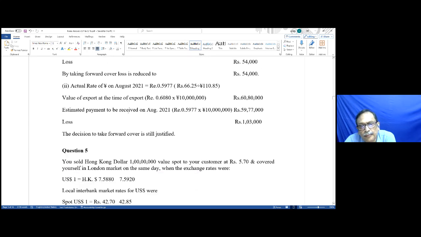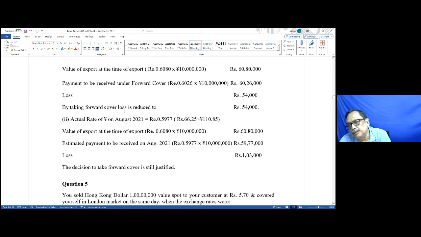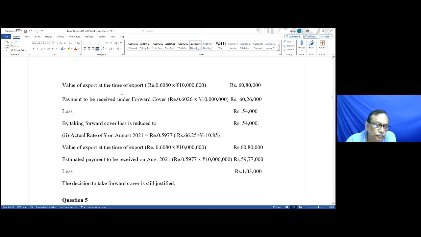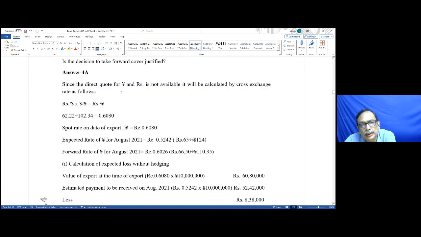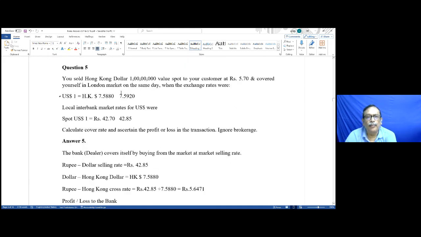So loss will be 1 lakh 3,000. Hence, the decision to take forward cover is still justified in order to reduce the loss. Hope you have understood. Now we are coming to the next question.